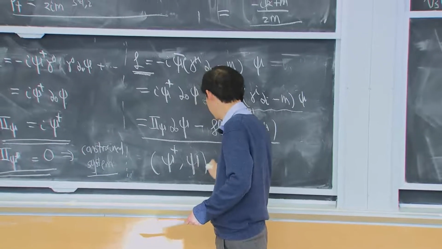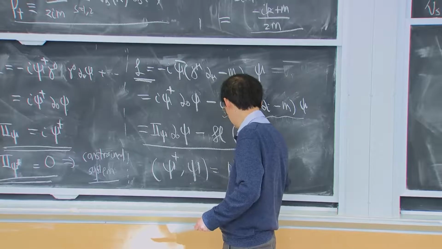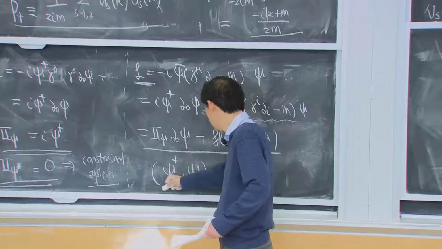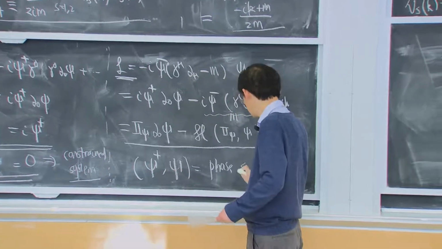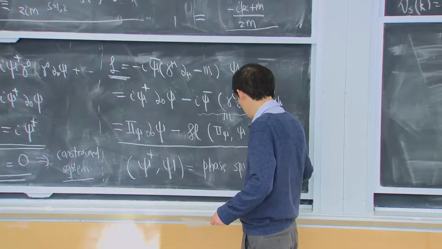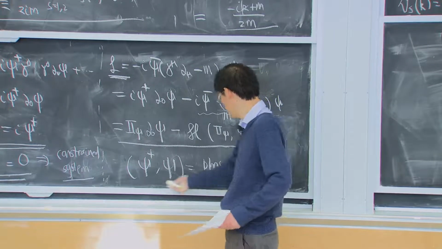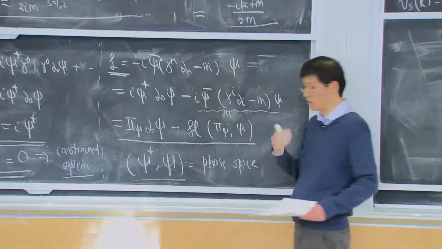So psi dagger and psi, now this is the full phase space. This is the momentum, and this is the coordinate, so this is the full space, rather than previously, where we would interpret them as a configuration space.